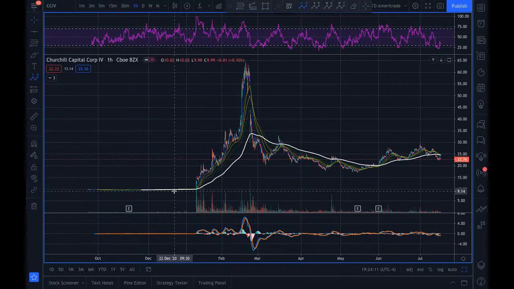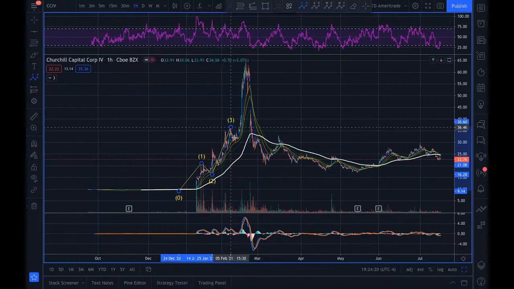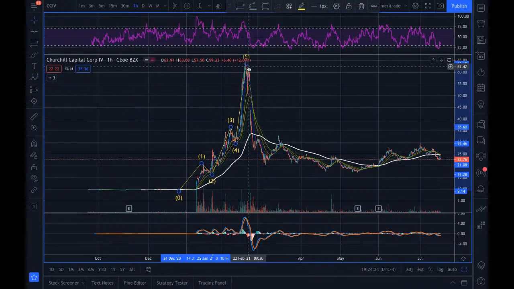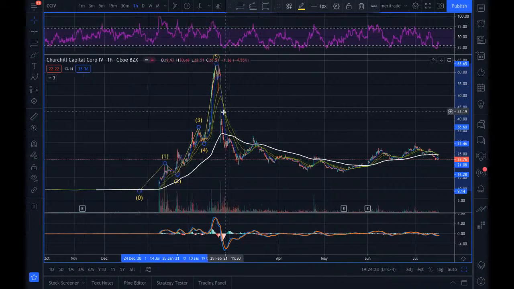Yeah, I think this was the first, well, obviously the first wave started way back there, but I'll just put it like right here. I think this is the 1, 2, 3, 4, 5. Obviously that's done because it came crashing down. Wow, look at that big gap.